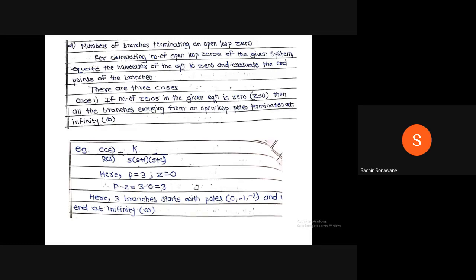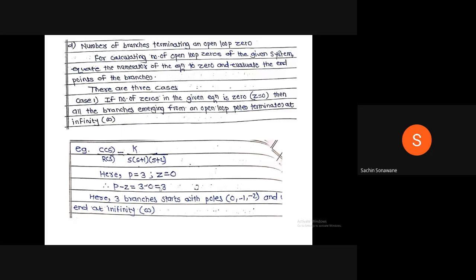For calculating the number of open loop zeros of the given system, equate the numerator of the equation to 0 and evaluate the end points of the branches. There are 3 cases. Case 1: if the number of zeros in the given equation is 0, then all the branches emerging from open loop poles terminate at infinity.